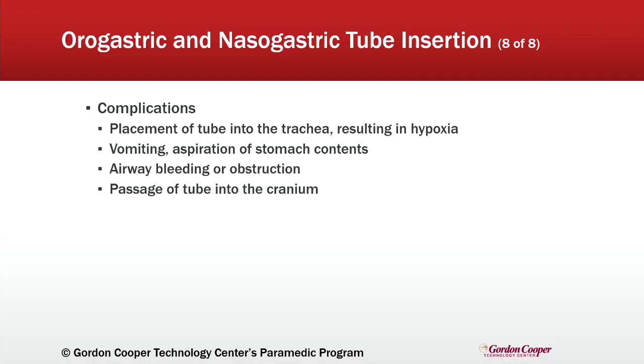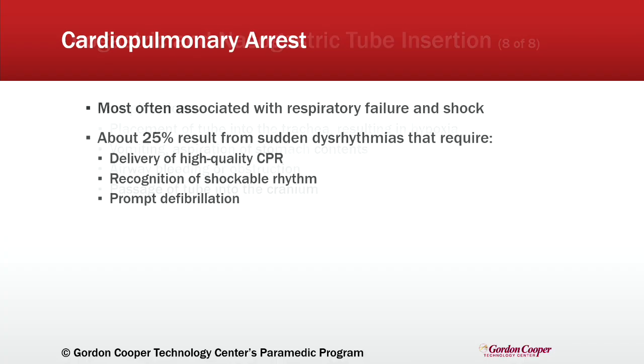That's more likely to happen with placing them nasally than orally. The oral route is a little more complex than the nasal route, but there are more risks with the nasal route, though either route can result in tube placement into the cranium.